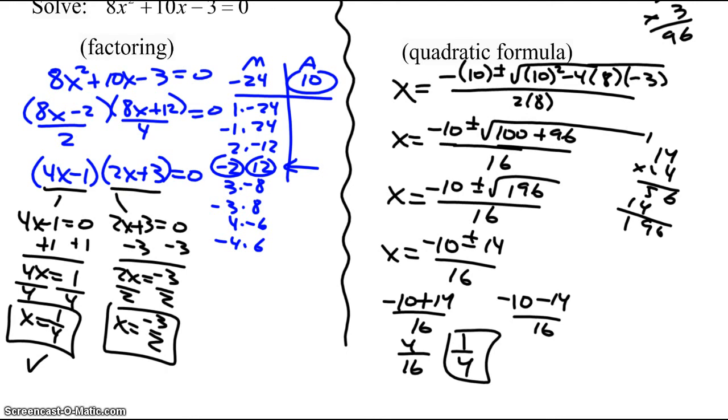And I can get negative 24 over 16, which we can simplify as 4 times 6 over 4 times 4, and that's the same as negative 3/2, and that's the other answer. Okay, so which one was nicer? I don't know. I think that the factoring is a little nicer because the numbers are smaller. But anyway, that's the way we would solve this quadratic equation using either factoring or the quadratic formula.